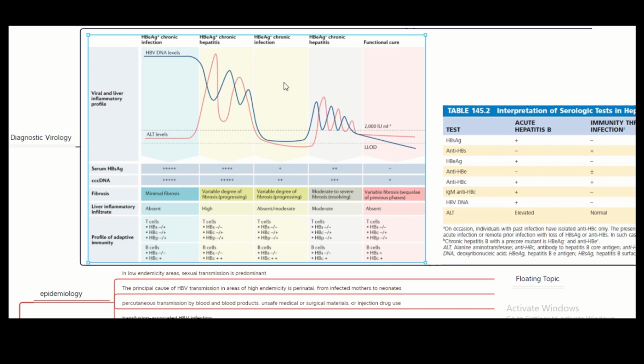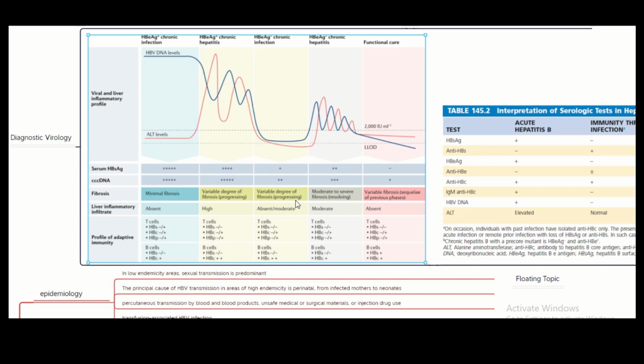Since we cannot have B cell response to HBe, we will not have an adequate immune reaction to the infection that's happening at this time. And when we are having hepatitis, which is a flare of the HBe negative infection, the fibrosis will be severe and we will have moderate inflammation, not high inflammation as in HBe positive.